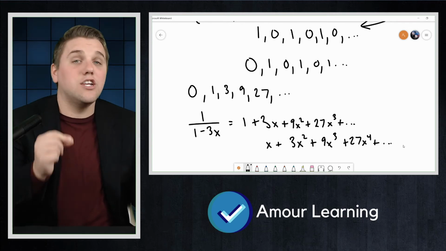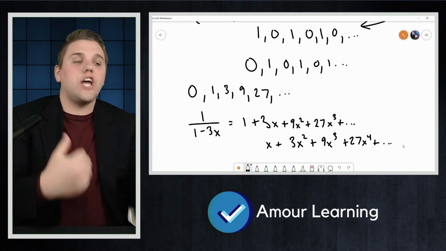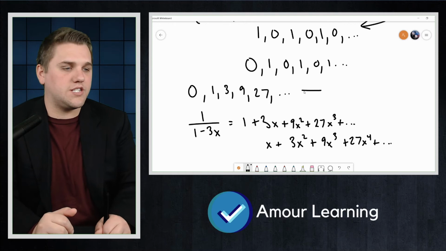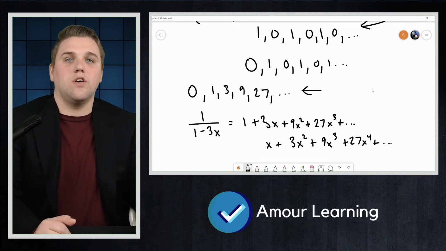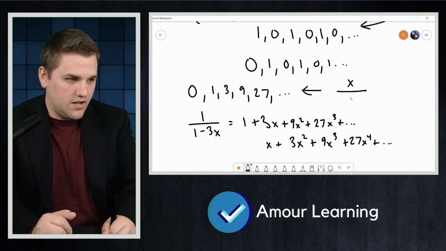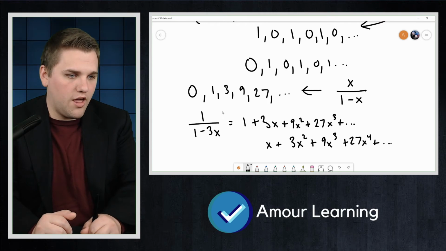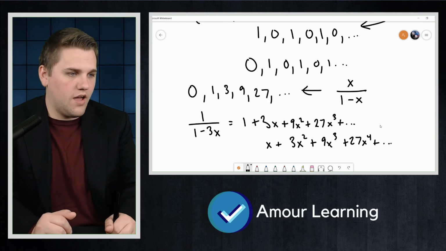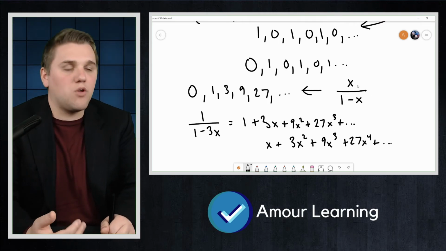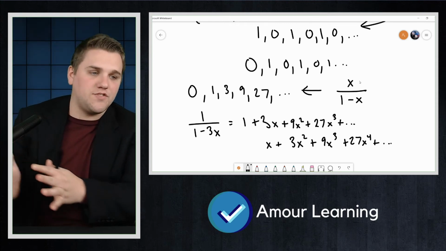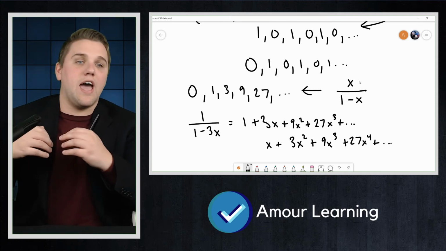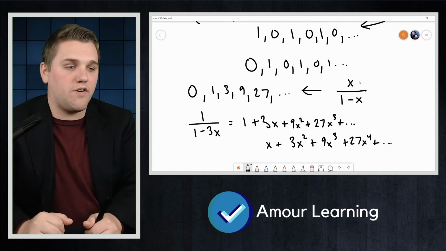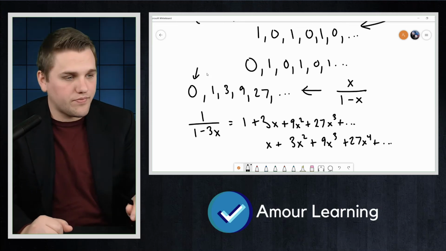Multiplying by x can do just that. So the generating function for this sequence is x divided by 1 minus 3x, because multiplying by x shifts the entire sequence over by 1 and throws a constant term of 0 at the very front.